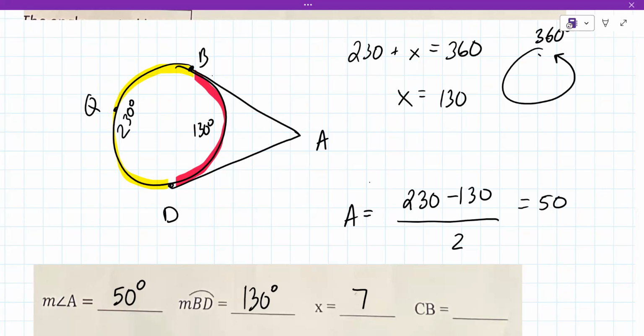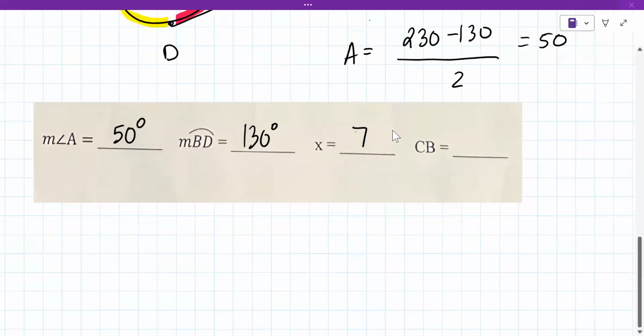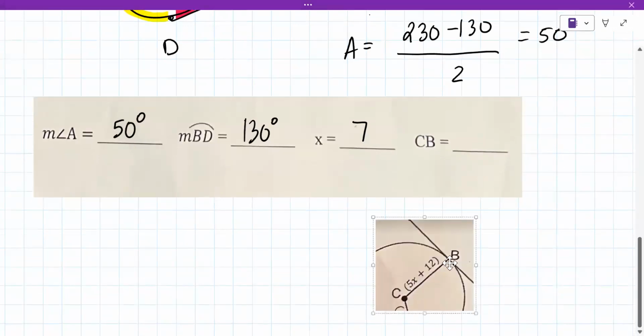Now to find C to B, we have to go back to the drawing and put X into the equation. See how C to B is 5 times X plus 12?